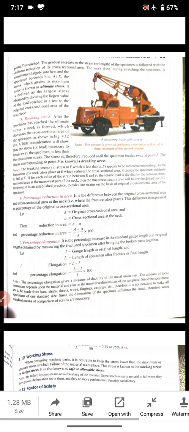As you discussed in your 11th and 12th physics, how are you going to find percentage reduction in area or percentage elongation?